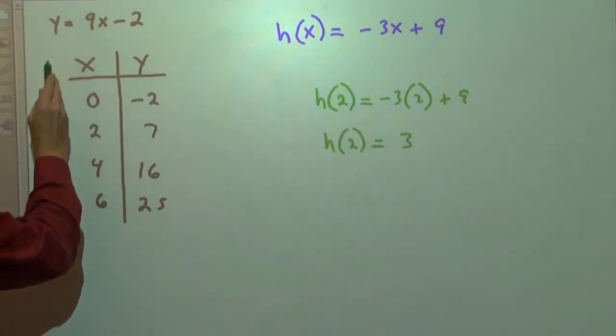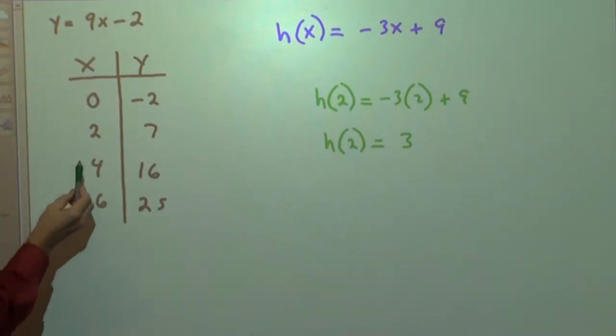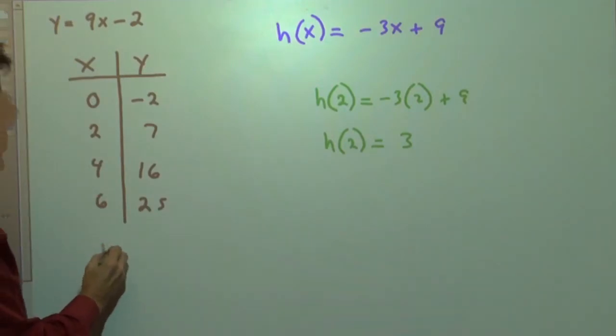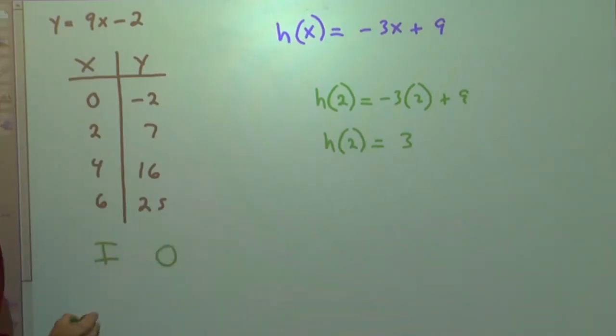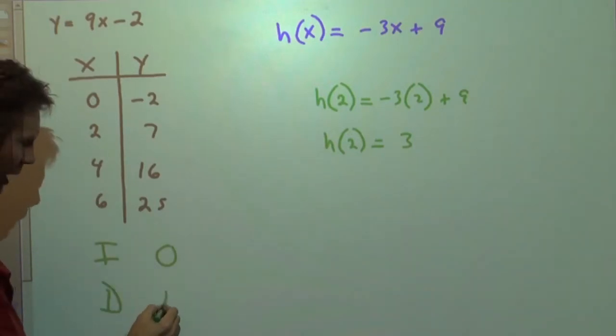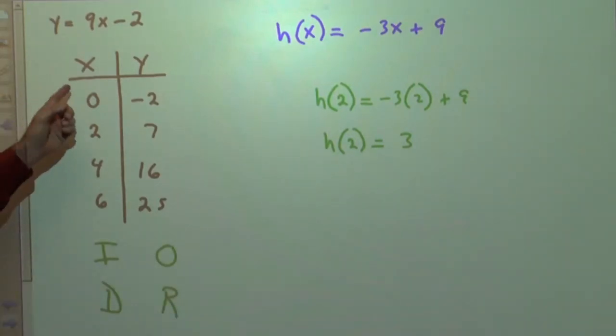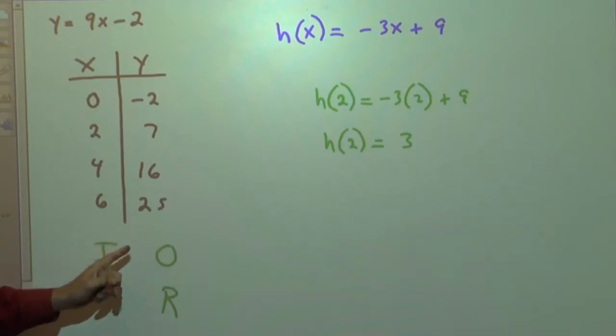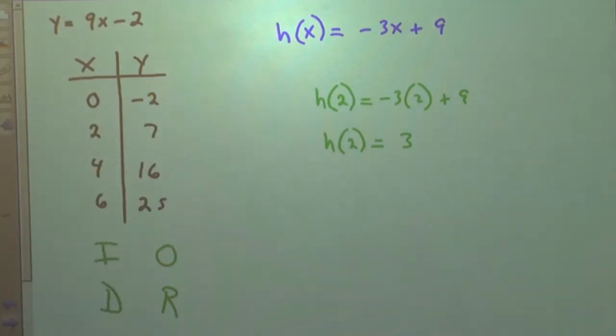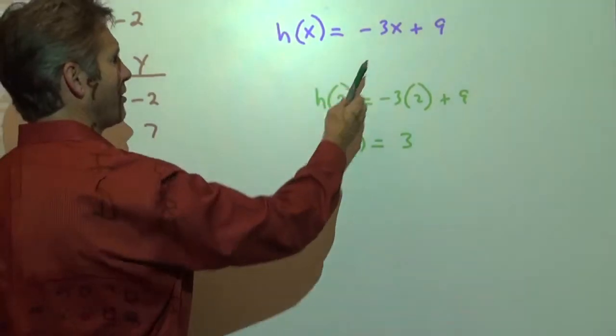So here's a linear equation or function. X would be the inputs, y would be the outputs, the x values would be the domain, and the y values would be the range. X before Y in the alphabet, I before O, D before R, domain and range. That's in functional notation. It's also a linear function.